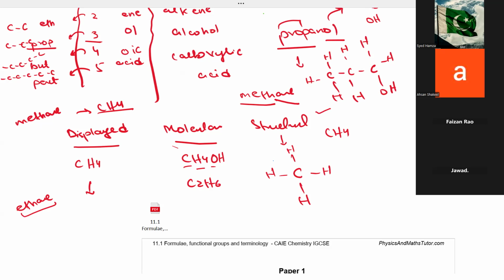Displayed formula, molecular formula, they'll use interchangeably. मतलब वो they'll say कि draw the displayed formula. If they say draw the displayed formula, then of course you might even want to draw the structural formula. क्योंकि वो कहना draw. It's more about how they use the wordings. सही है. If they say कि write down the molecular formula or write down the displayed formula, you write it in just this way.